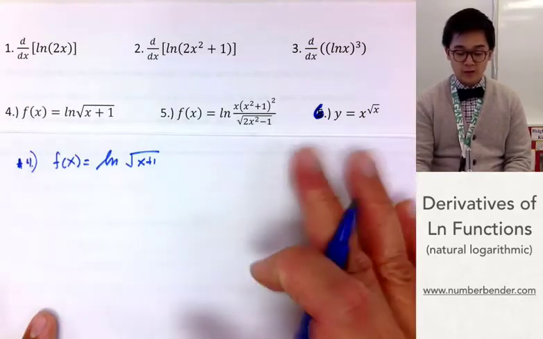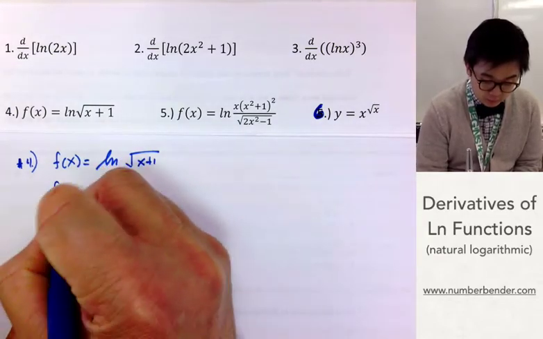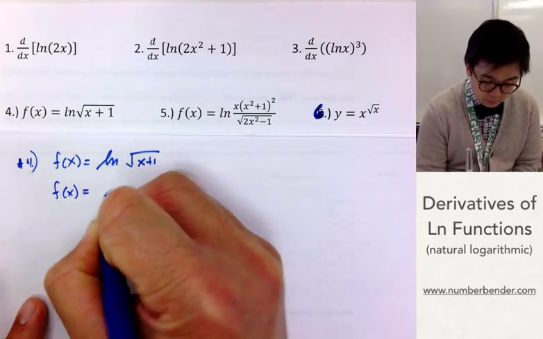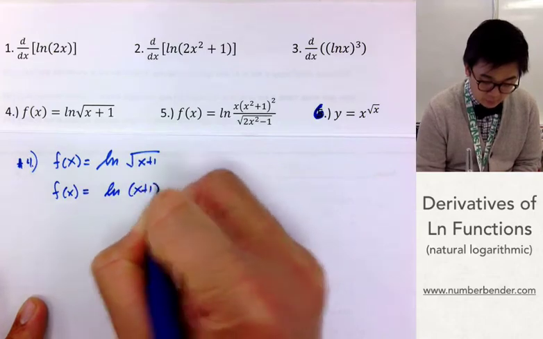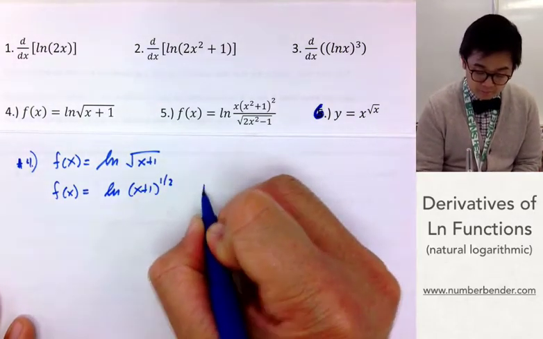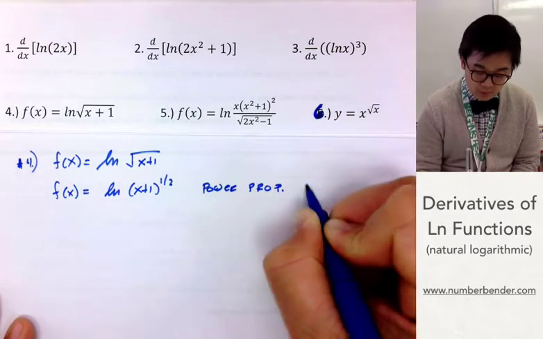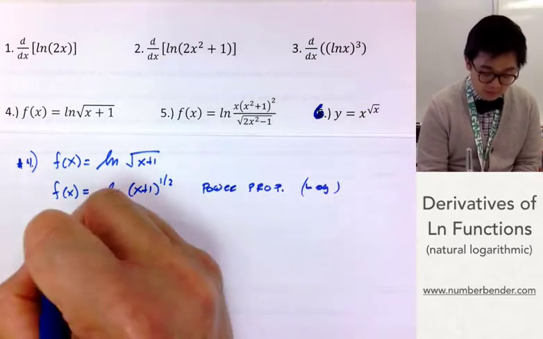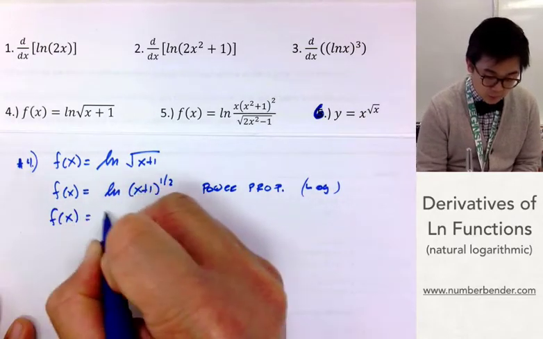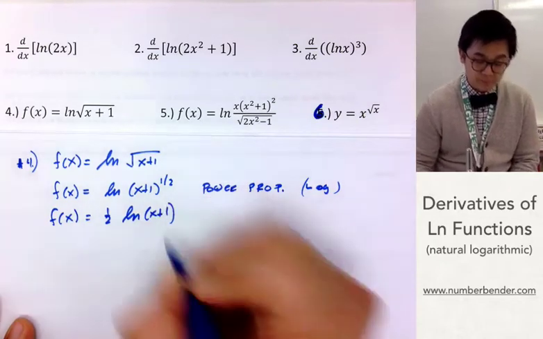Now, first, let's modify our number 4 function into ln of x plus 1 raised to 1/2. And using the power property of logarithm, we can modify the function into 1/2 ln of x plus 1.